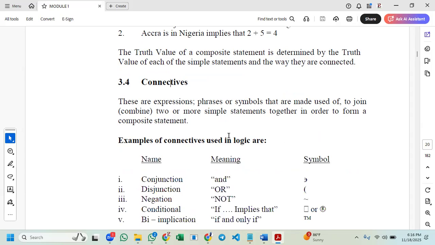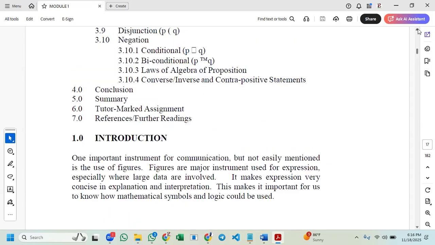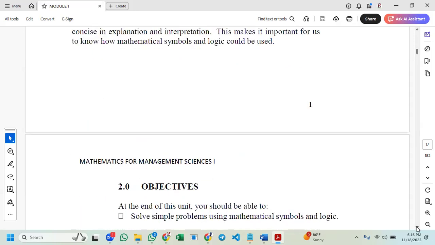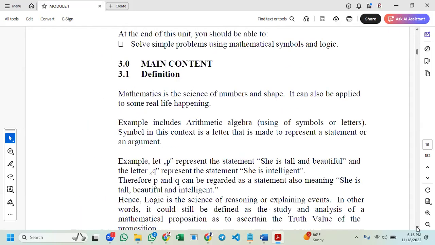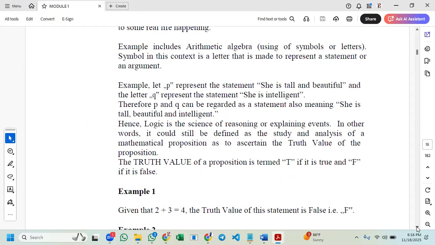But I don't think we should study connectives now because we have just one minute. In this video, we've talked about the meaning of mathematics, the science of numbers and shape. Then logic is also the science of reasoning, of explaining events.